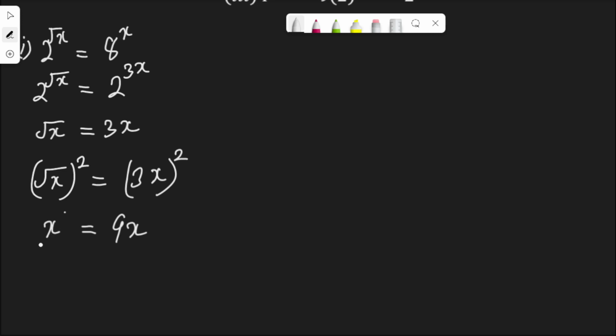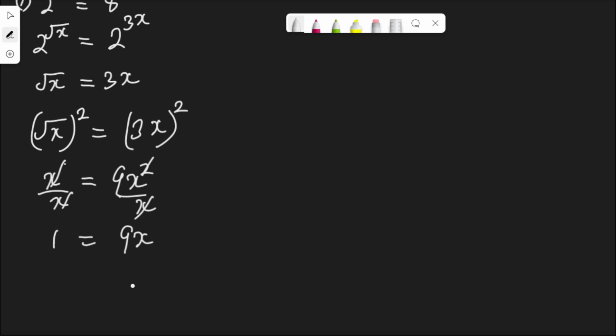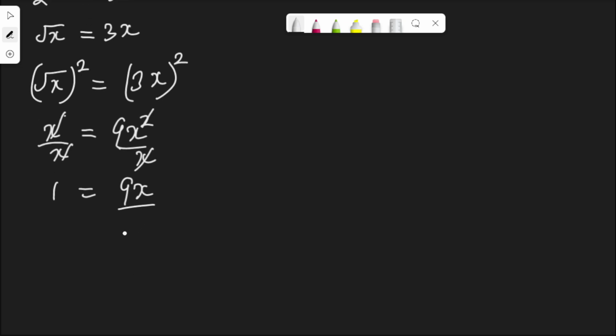Dividing both sides by x, x divided by x is 1. Why 9x squared? I forgot to put the square there. 9x squared divided by x is 9x. Now to get the value of x, we need to divide both sides by 9. x therefore is 1 over 9, and this 9 will cancel. That is that for number 1.